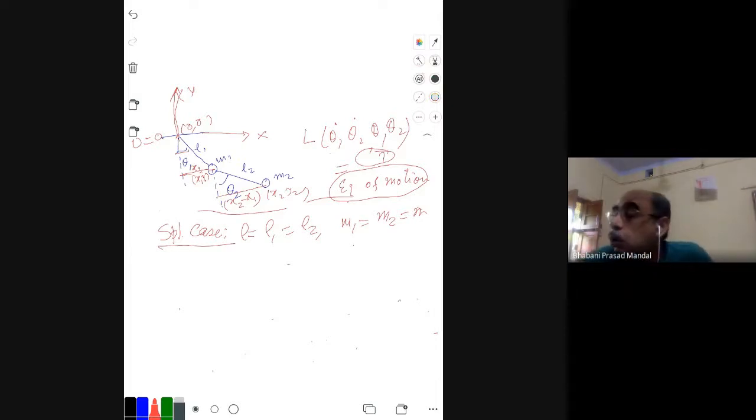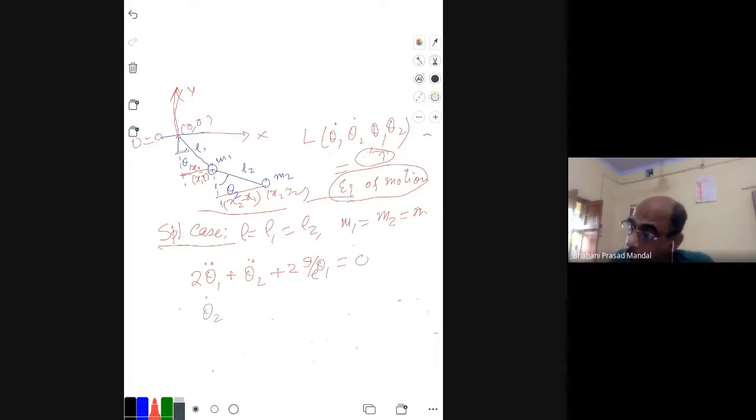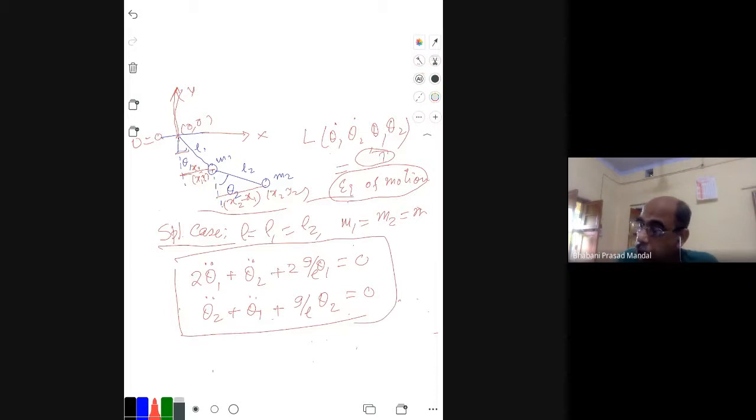You will get two coupled equations. Again it will be coupled, but this coupled differential equation can be solved. 2 theta 1 double dot plus theta 2 double dot plus 2 g by L theta 1 equals 0. And the second equation you will get: theta 2 double dot plus theta 1 double dot plus g by L theta 2 equals 0.